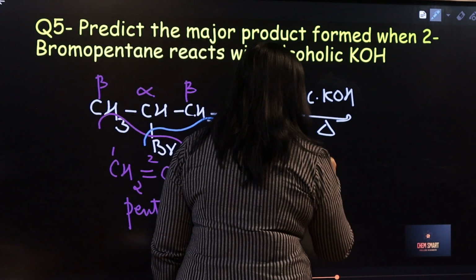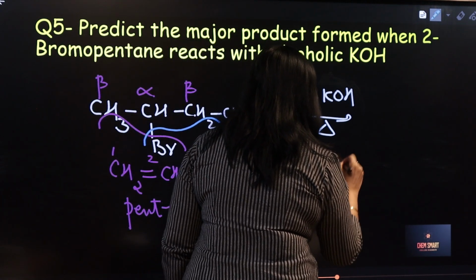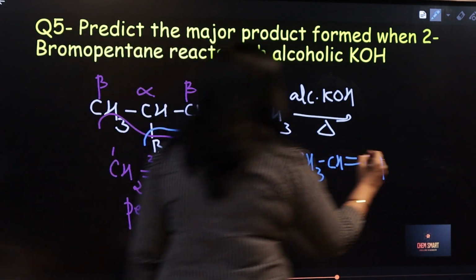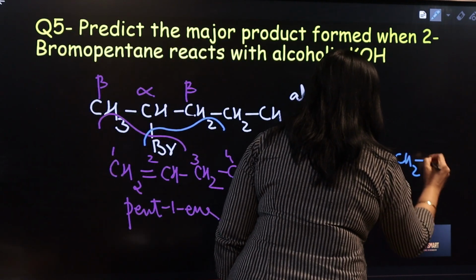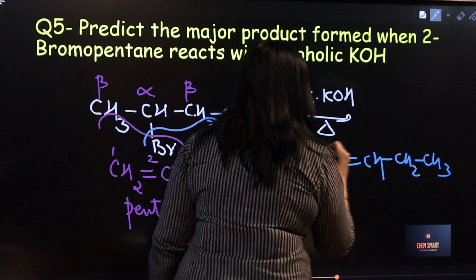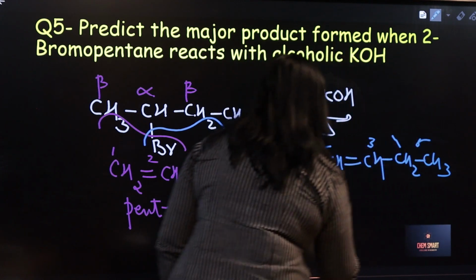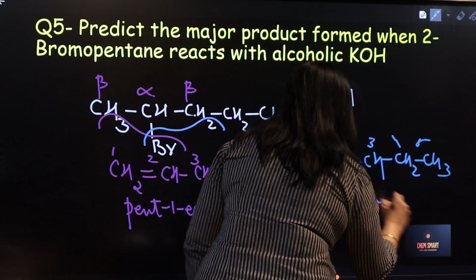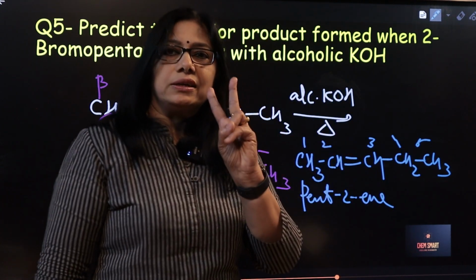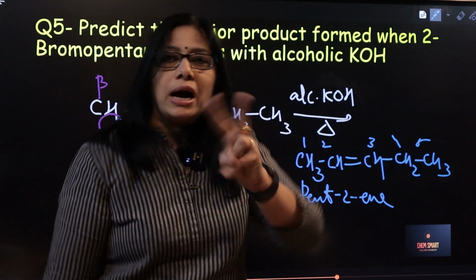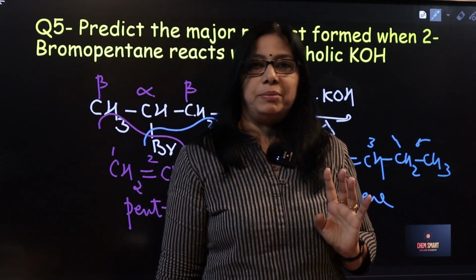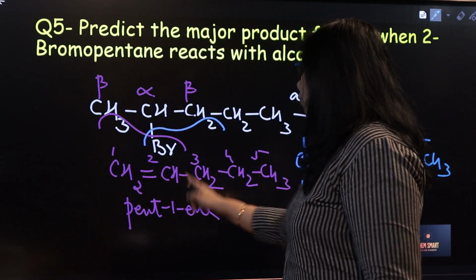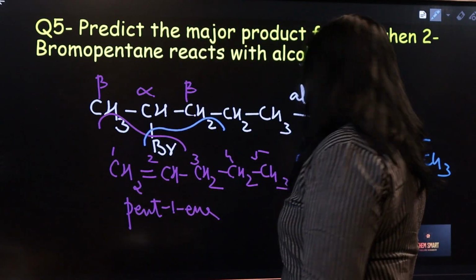So the product formed will be CH3, CH double bond CH, then CH2, CH3. That means you are getting pent-2-ene, right? So we are getting a mixture of two alkenes from this beta elimination possibilities. What are they? We are getting pent-1-ene and pent-2-ene.